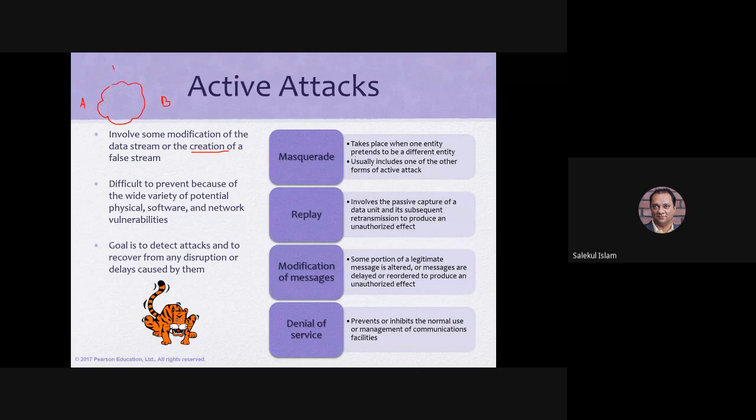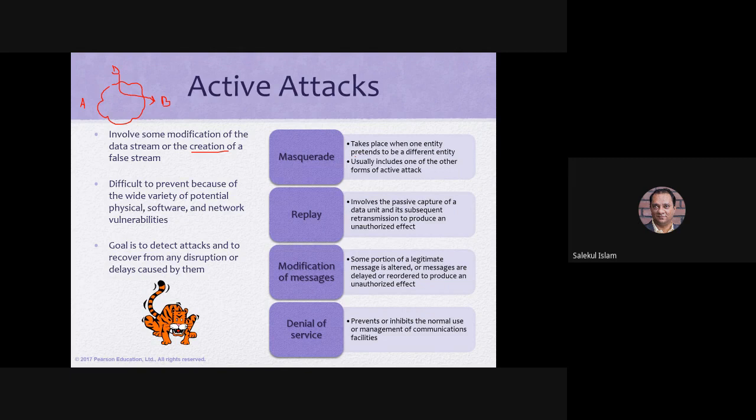Now we have Darth here, and Darth is actually sending something to Bob, but he is pretending that this is coming from Alice. Maybe he knows the identity or the authentication mechanism of Alice, or maybe he knows the pattern of messages, like how Alice communicates. He is not Alice, but he is pretending to be Alice. Then we say that this is a masquerade attack.